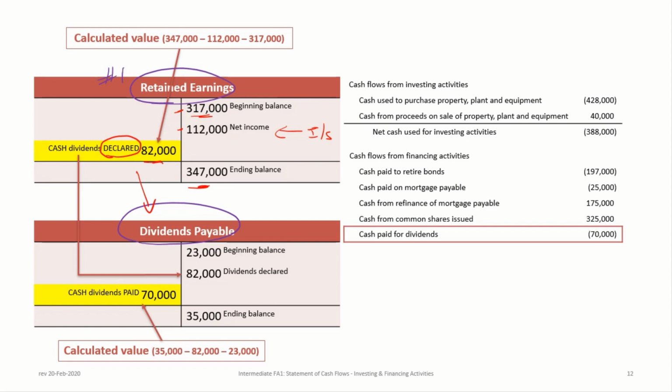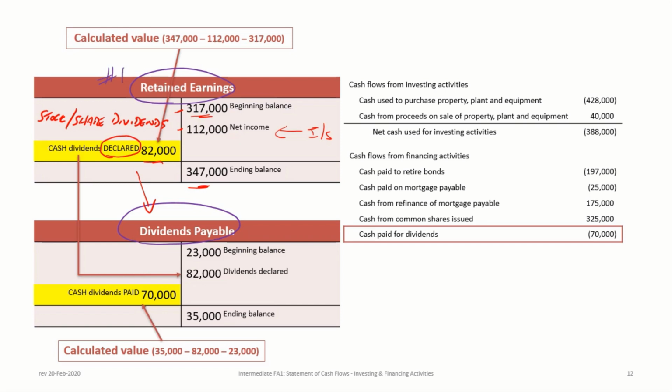Now, the other item you want to look for in other problems, it doesn't exist in this problem, but in some cases, some problems may have stock or share dividends. Those are also removed from retained earnings, but they are non-cash related.